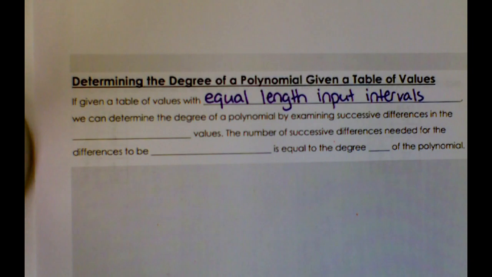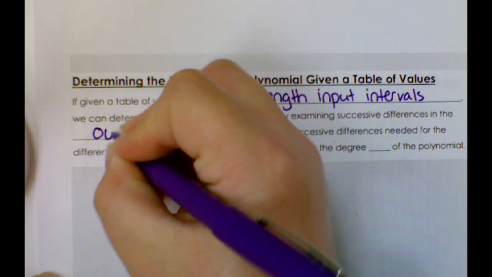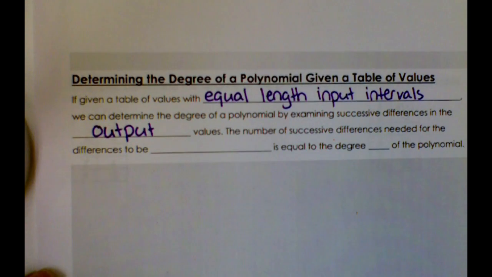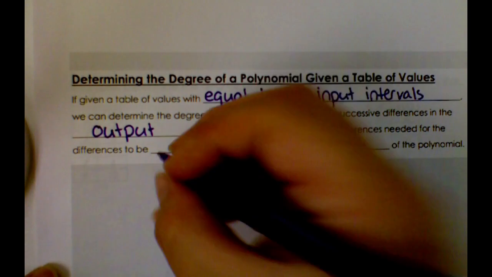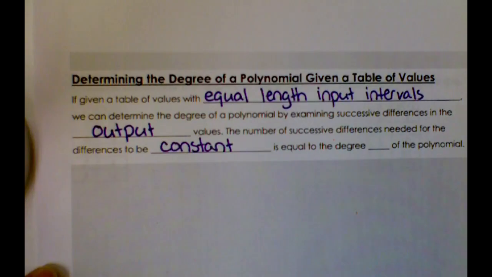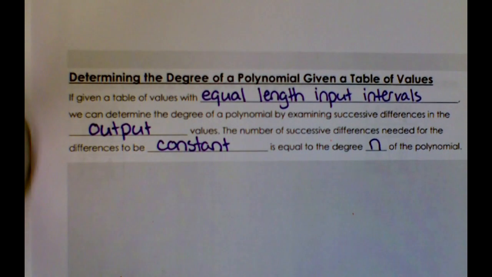Sometimes it's 1 apart, sometimes it's 3 apart. The x's will go in even intervals. We can determine the degree of a polynomial by examining successive differences in the output values. The number of successive differences needed for the differences to be constant is equal to the degree n of the polynomial.